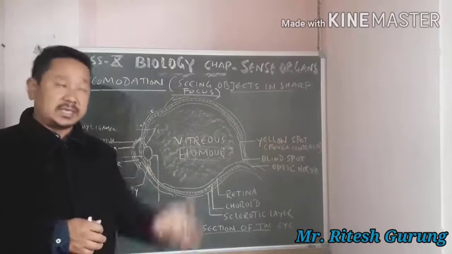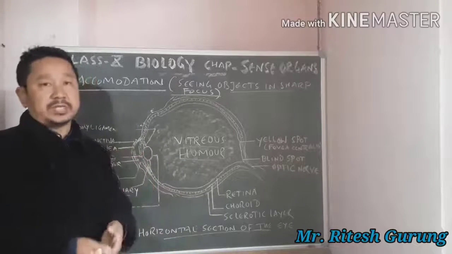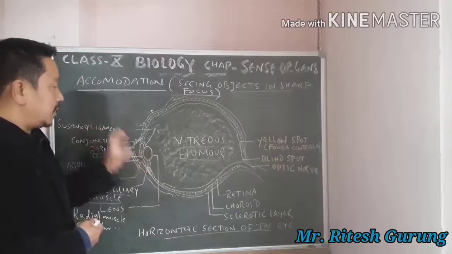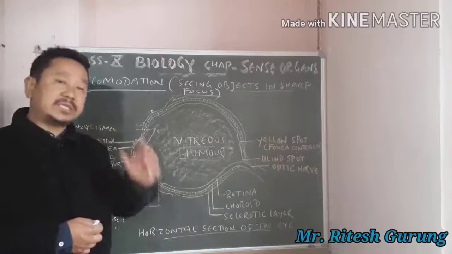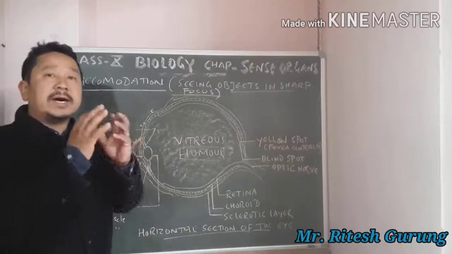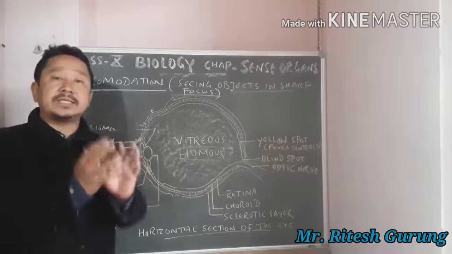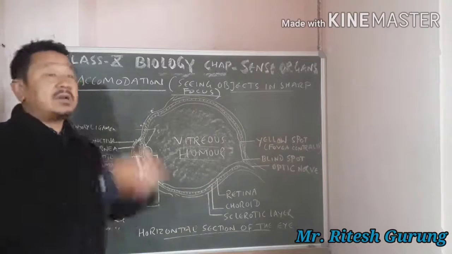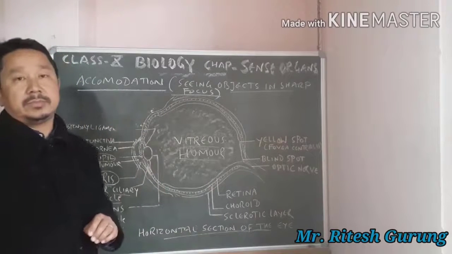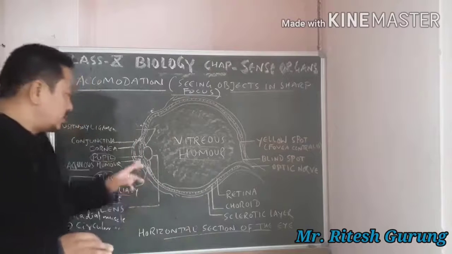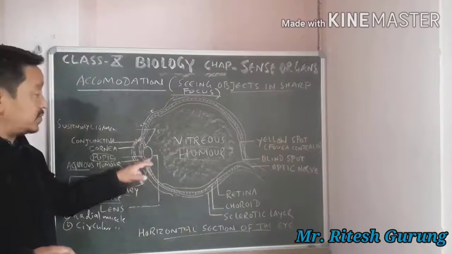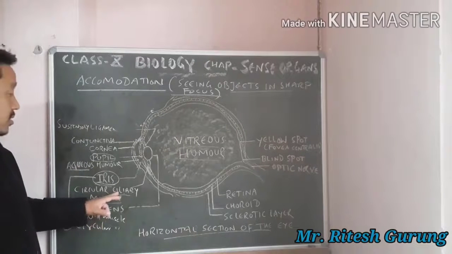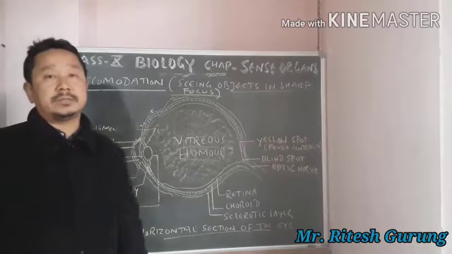So this change in the shape of the lens brings about some arrangement in your eyes so that you can see objects at different distances. That is called accommodation. And this change in shape is mainly controlled by the muscles present there, called ciliary muscles.